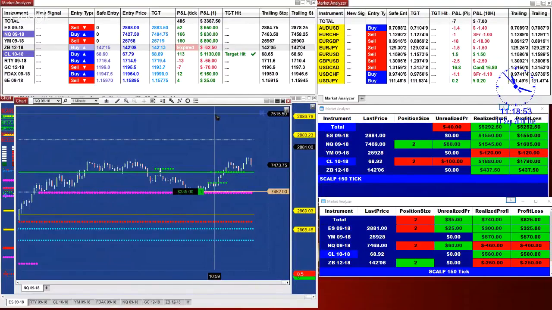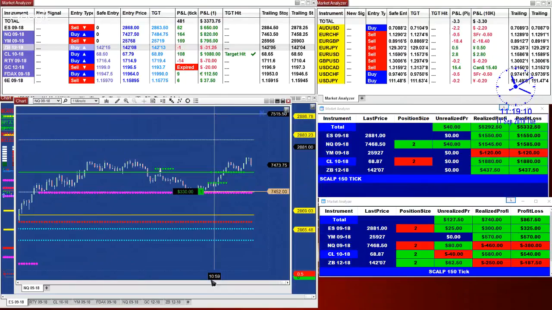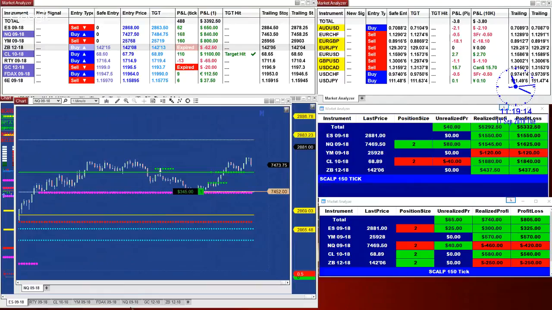I have not done anything to NT8 or installed anything. Could be the database has made some problem. I don't know. I'm not a programmer, but I know one thing: I cannot change the charts at the bottom, and this is not good.